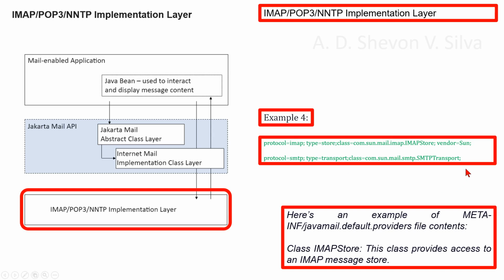The file format defines 4 attributes that describe a protocol implementation. Each attribute is an equals-separated name value pair with name in lowercase. Each name value pair is semicolon separated.